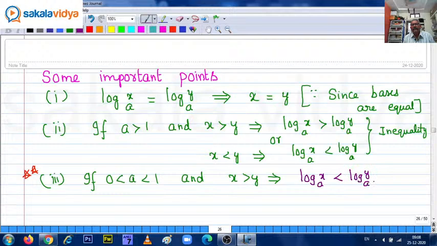So log x to the base a is less than log y to the base a. This is also an inequality. So these are the important points you need to remember.